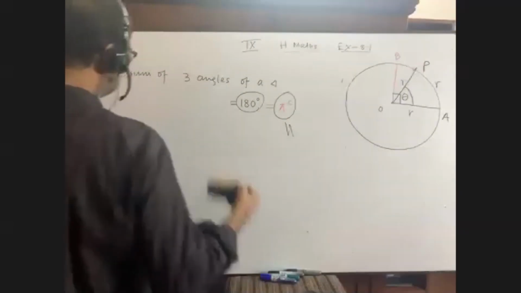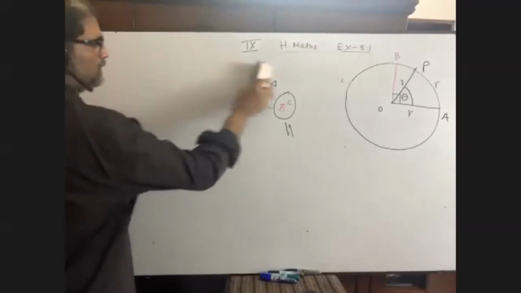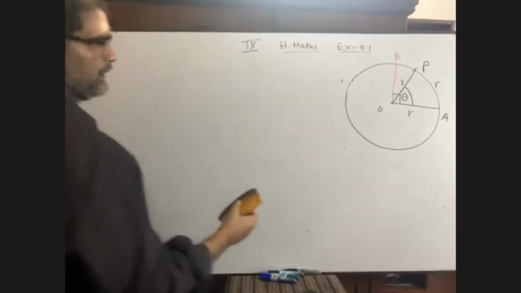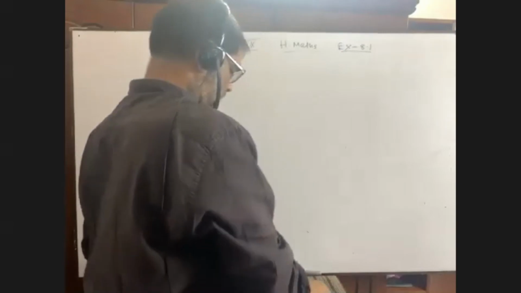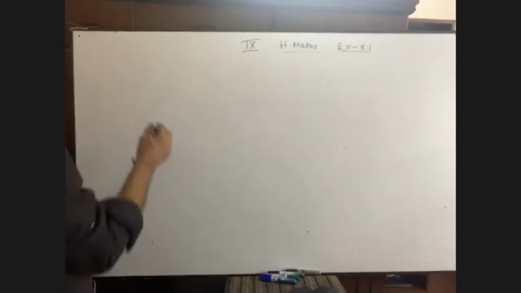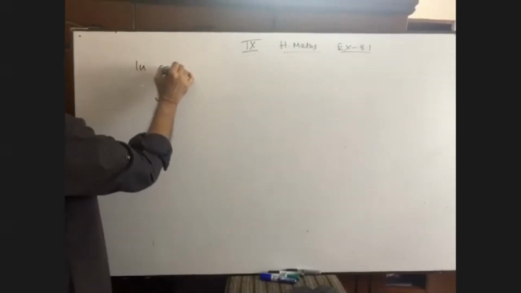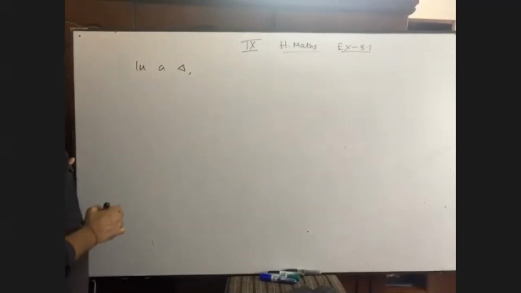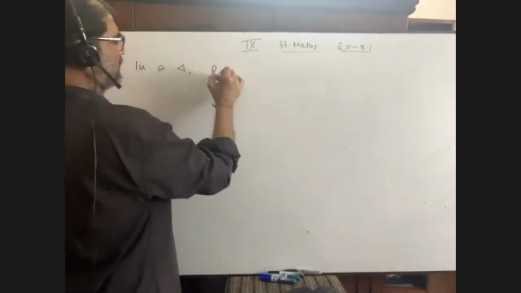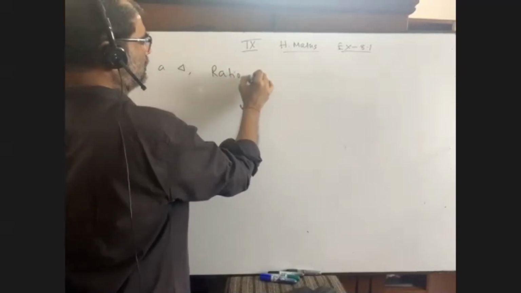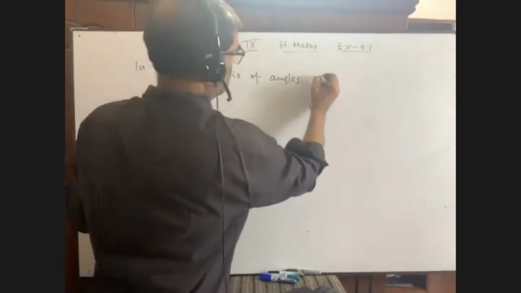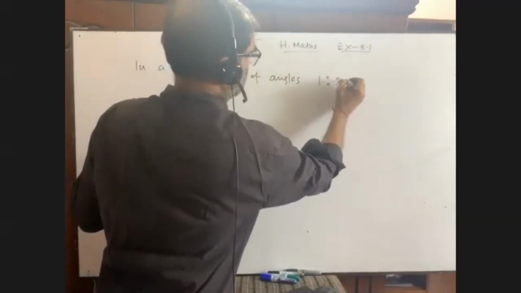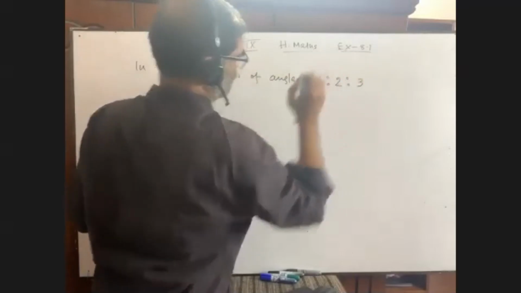Suppose you are given a math like this. In a triangle, the ratio of angles is 1 is to 2 is to 3.